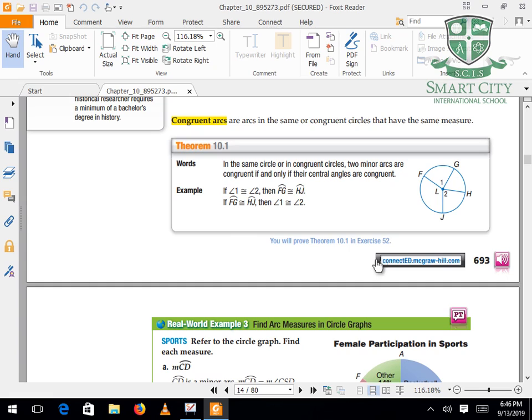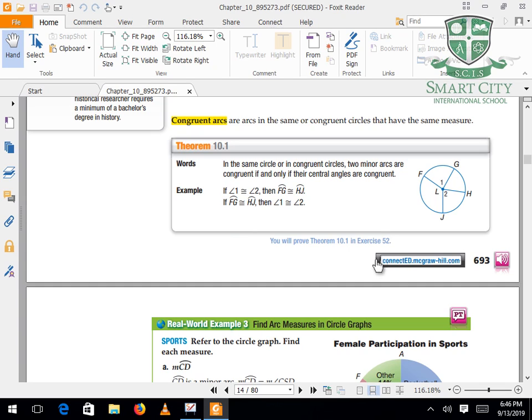Congruent arcs. Congruent arcs means that arcs have the same measure, or have the same length if they are in the same circle. So in this circle L, we have many arcs: FG, GH, HJ, and JF. The opposite central angle of an arc may equal another central angle.